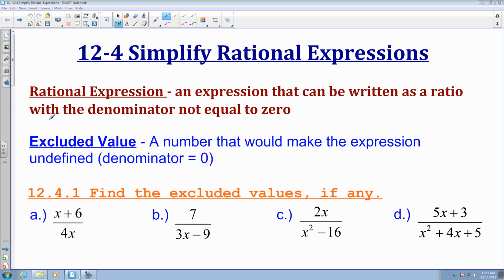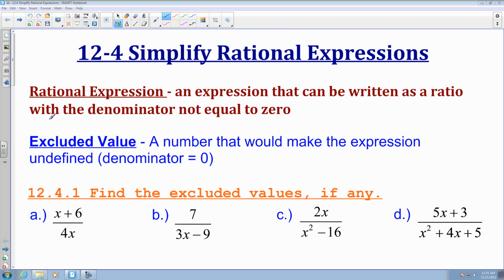So, when you're trying to simplify these, not only are you simplifying them, but you also have to look for the excluded values. Excluded values are numbers that you would substitute in for the variable that would make the expression undefined.